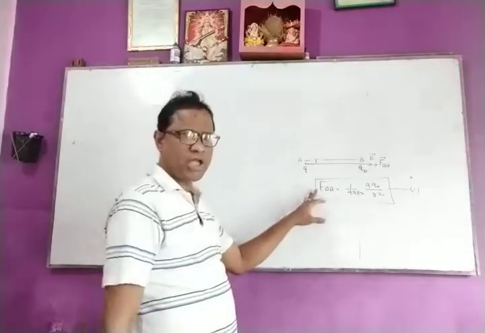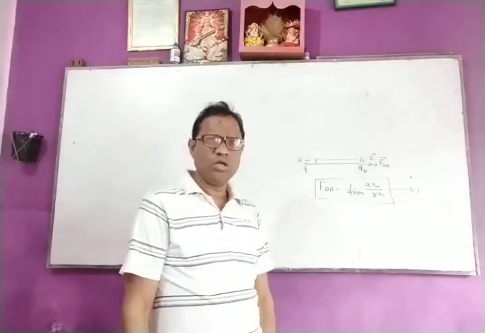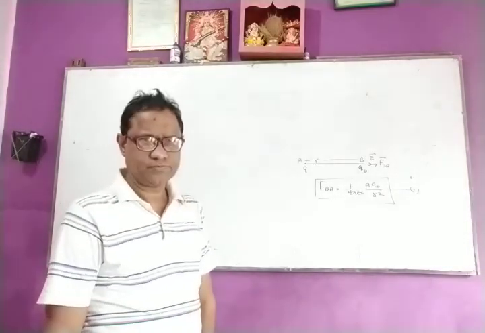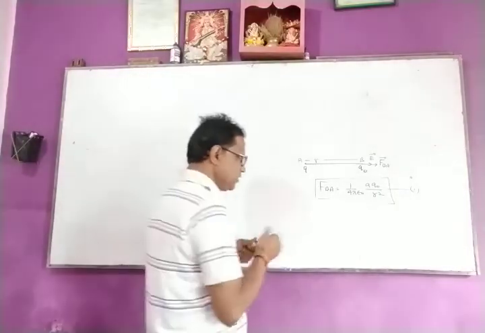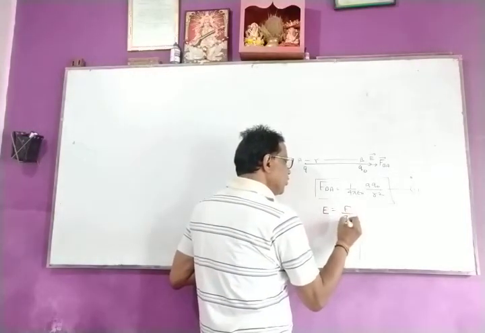According to Coulomb's law, F_BA is equal to 1 upon 4 pi epsilon naught, Q into Q naught by r square. By definition, E is equal to F upon Q naught.